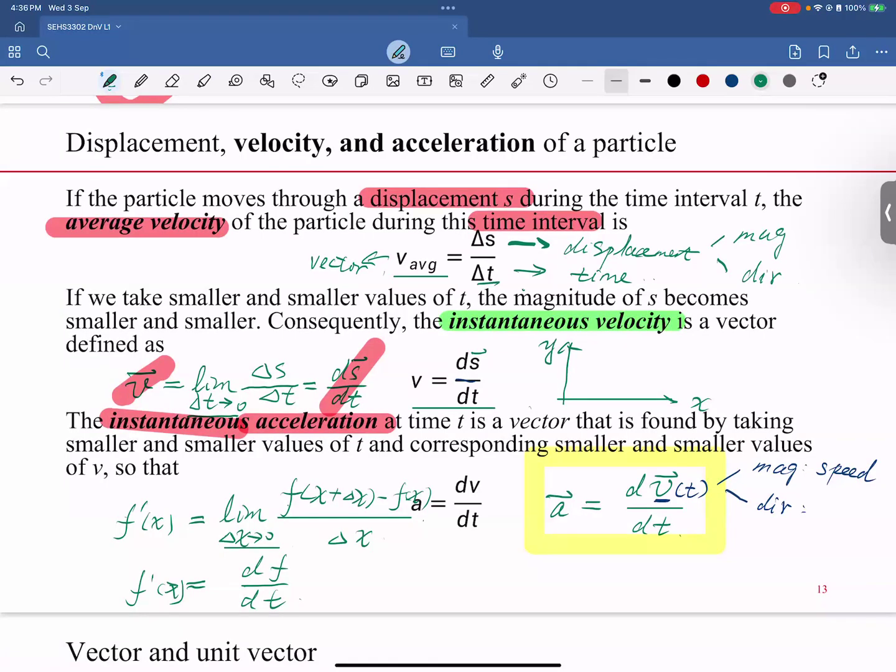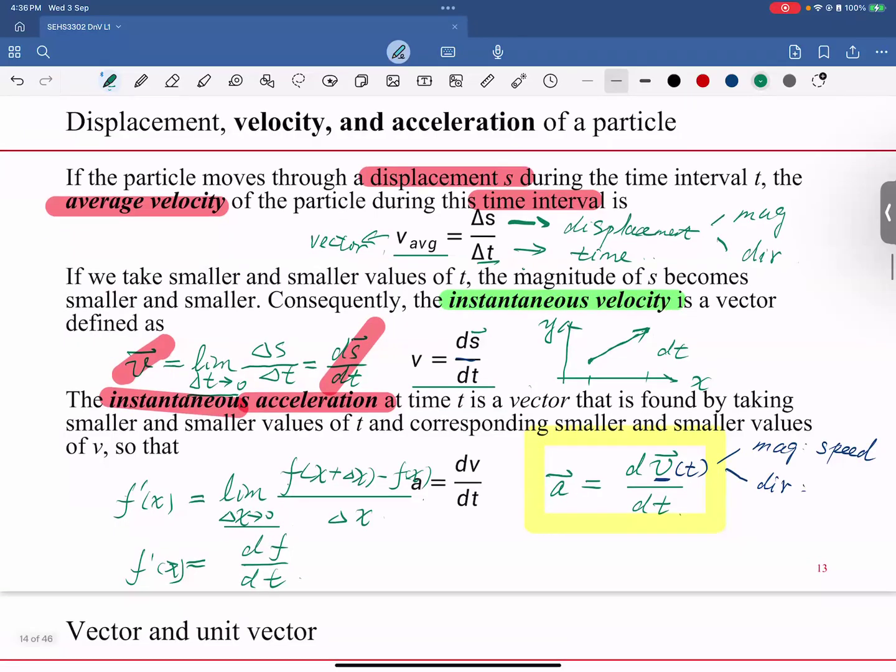If we have x and y, this is the initial point, and this is the terminal point, and we link up these two points. This happens in a very short time period, dt, and it goes from here to here. Actually, the displacement direction is the same as the velocity direction.